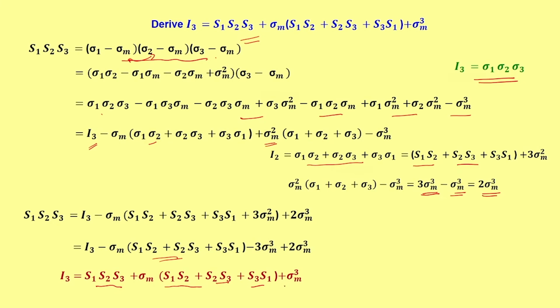When you go to the other side, it will become plus sigma m cube. So, it is proved. Now, we have a relationship between the second invariant of deviatoric stress tensor and the first and the second invariant of Cauchy stress tensor.